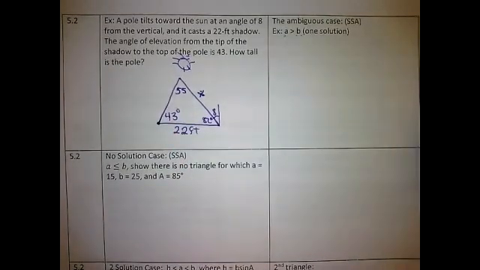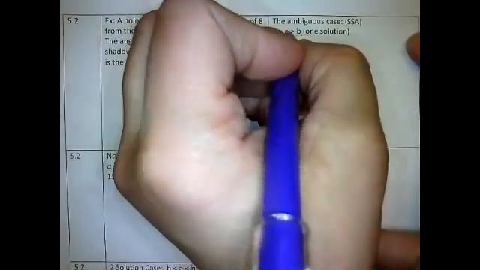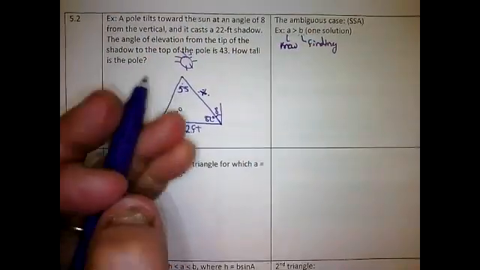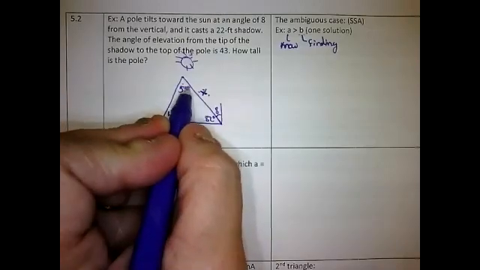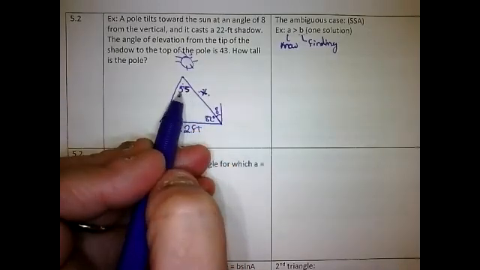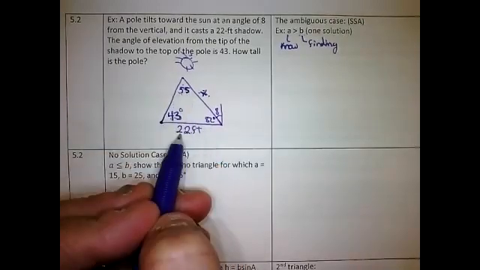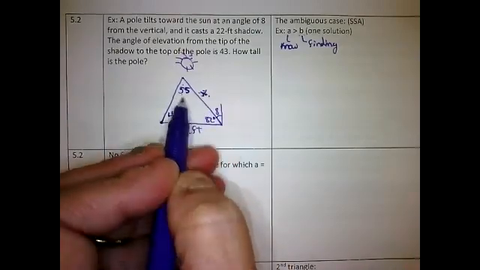If the one that we know is greater than the one we're finding, then there's only one solution. The reason is remember the ratio: the bigger the angle measure, the longer the side length. So here I know 22 is going to have to be longer than this because of the angles.